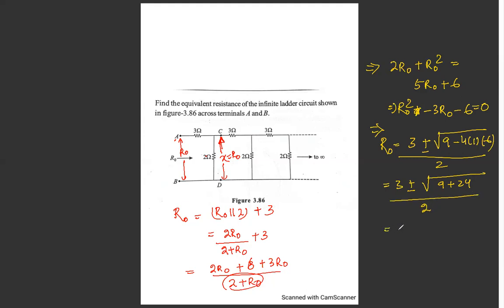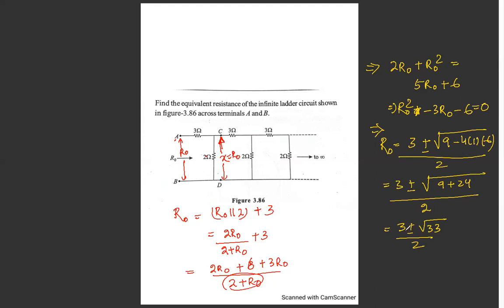So how much are we getting here? It is 3 plus minus square root of 33 divided by 2.